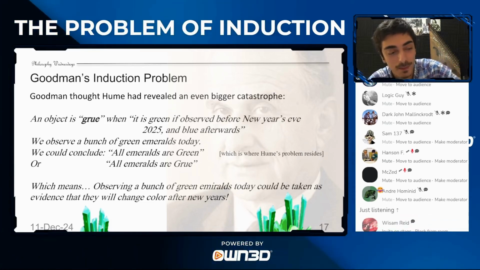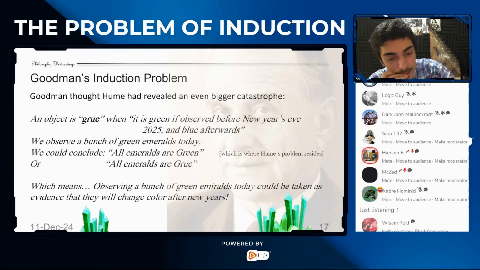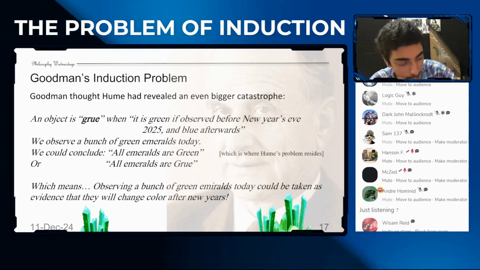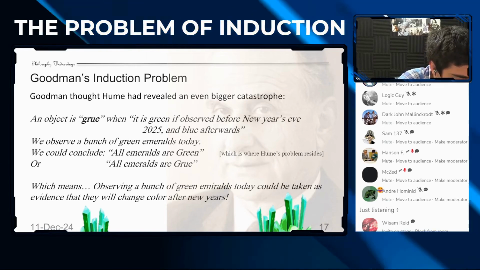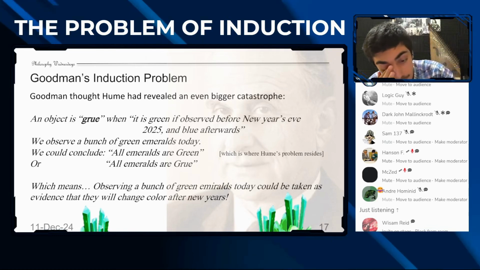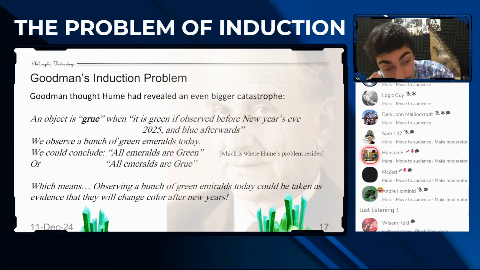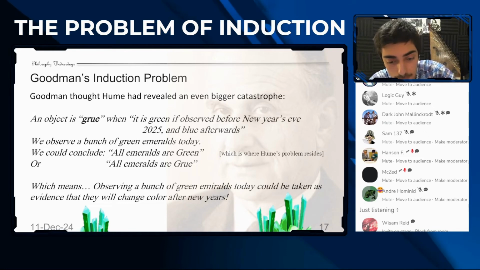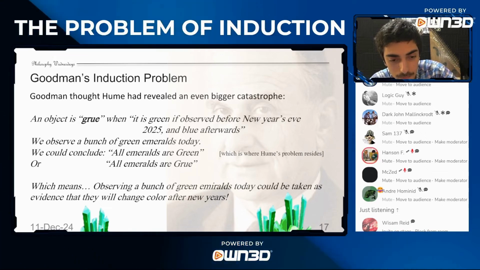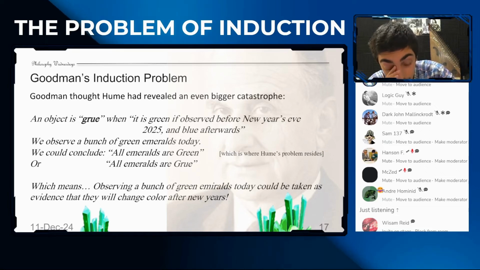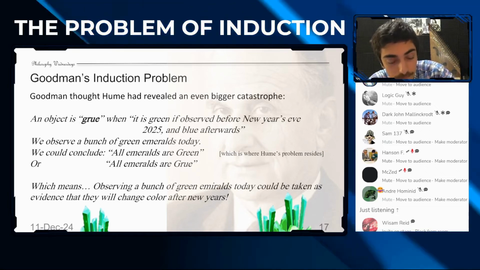Okay, I think the statement isn't very clear, but I think I get what the author, Goodman, is trying to get at, the induction problem. I have never seen this statement before. I don't know what Goodman's induction problem is, but I can surmise what he's trying to get at, but it's not a logic problem.